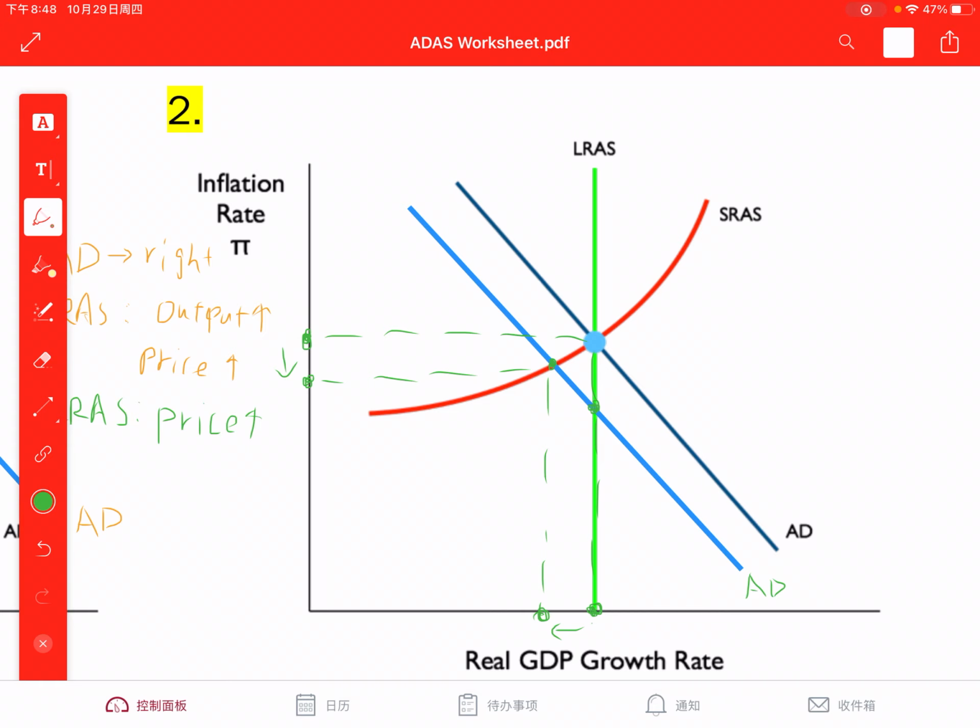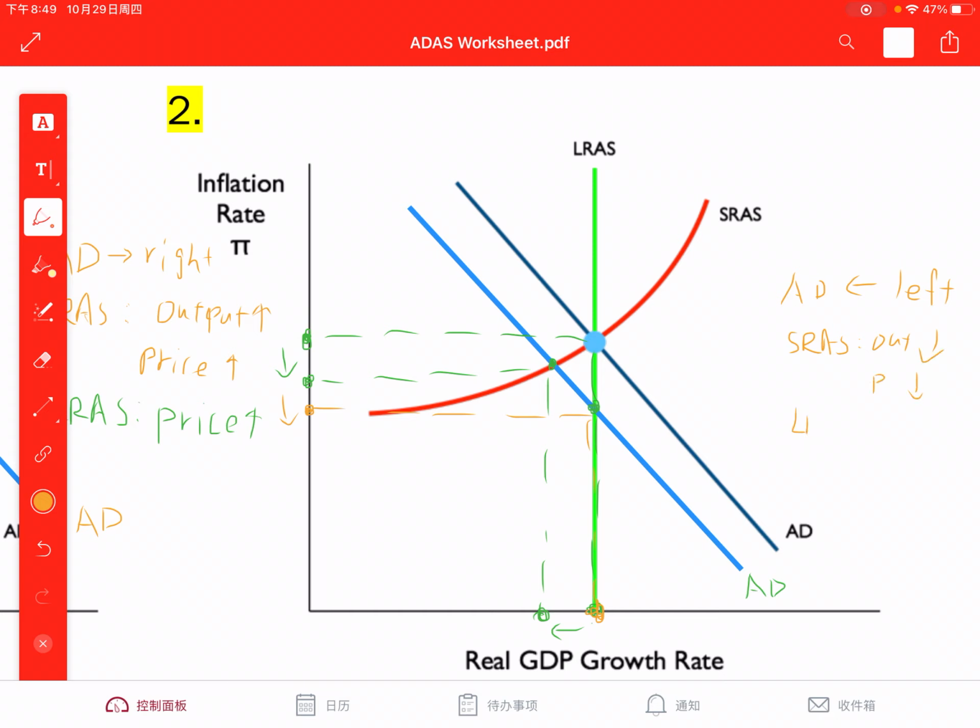So in the long term, we have this one. We have the same output as the original, but a much lower price. So let's write this. If the aggregate demand is to the left, then in the short-run aggregate supply the output becomes less and the price becomes less.